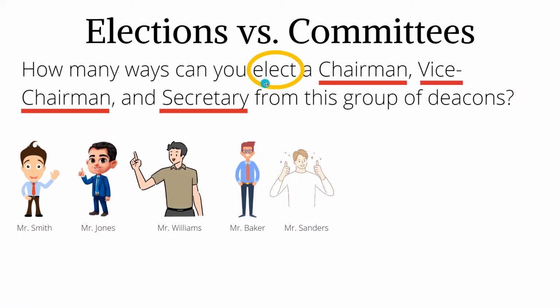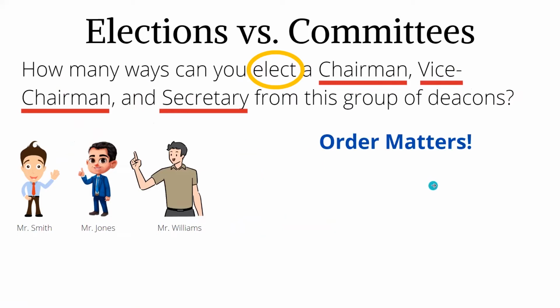So this is an election, and we're looking at a chairman, vice chairman, and secretary. So that's 3 positions. So just for being very simple here, let's just say we chose these 3 people, Mr. Smith, Jones, and Williams.